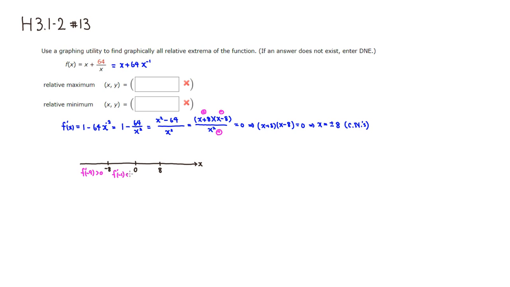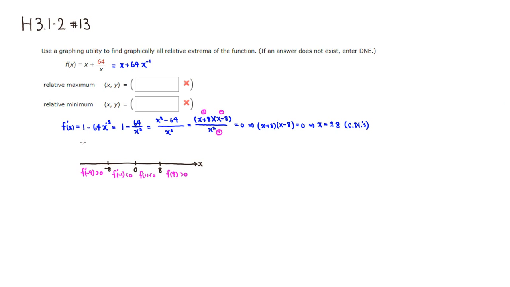So we get a negative sign here. For anything between 0 and 8, I'll just try 1. 1 plus 8 is positive, 1 minus 8 is negative, so it's going to be negative. The last one is bigger than 8, so I'll try 9. That's positive, 9 minus 8 is positive. Everything is positive, so this is going to be positive.